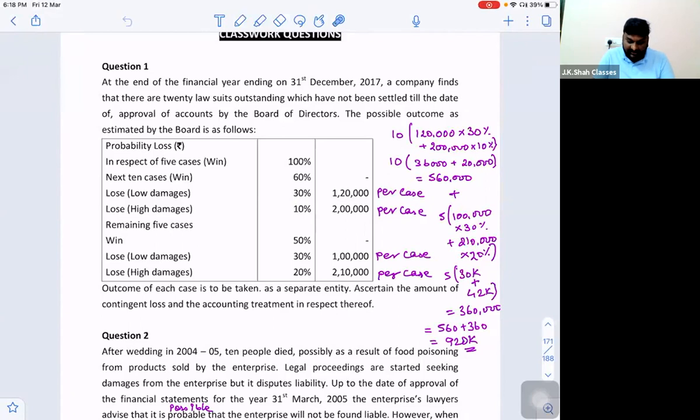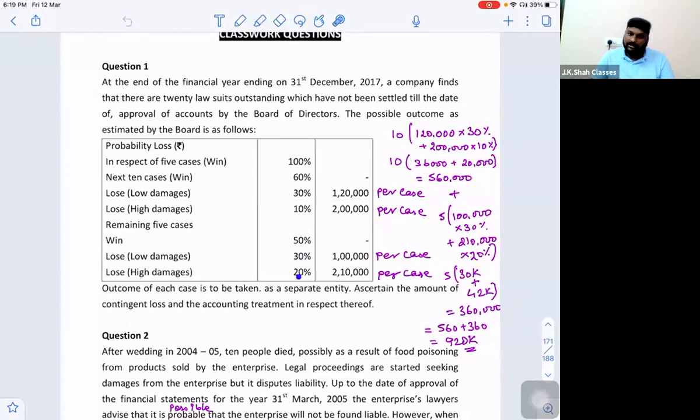Then for the last 5 cases, the winning percentage is 50, so technically the losing percentage will also be 50. How is that 50 shown? There is a 30% chance of losing with low damages, where the loss per case can be 1 lakh, and a 20% chance of a 2,10,000 loss.